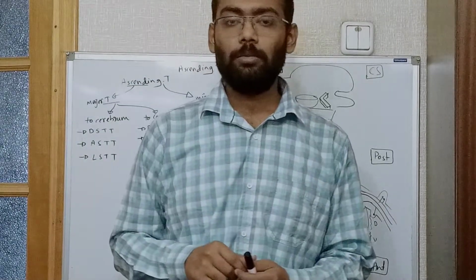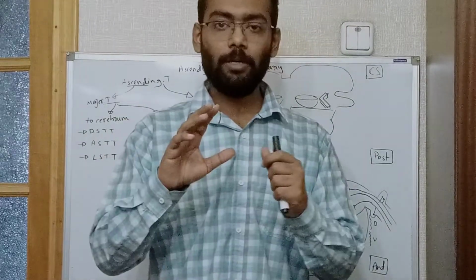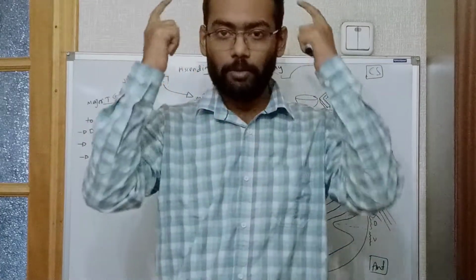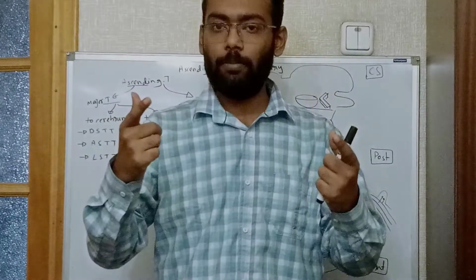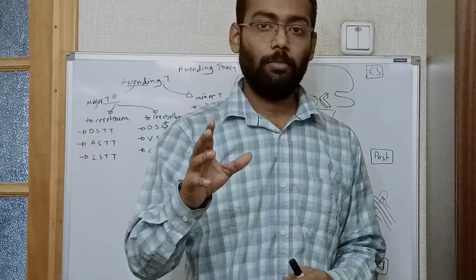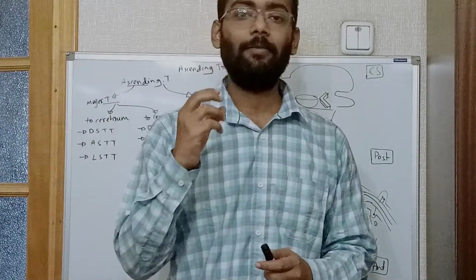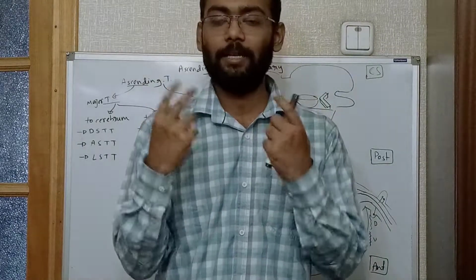According to this chart, the major tracts are the fibers going to our cerebrum. And remember one thing, the fibers which are going to the cerebrum are conscious fibers. You can feel it, you can sense it, you are active at that time.